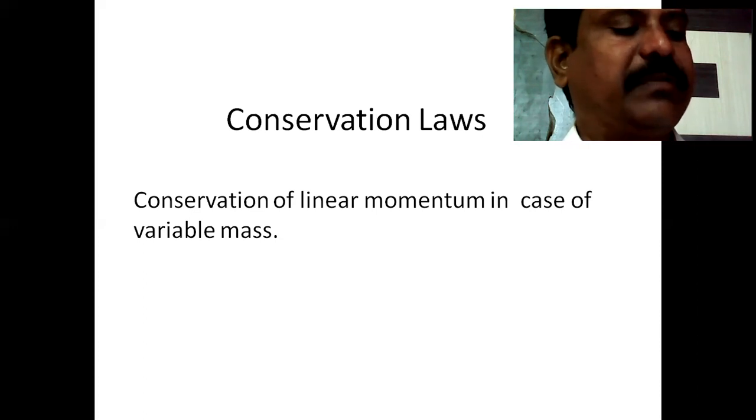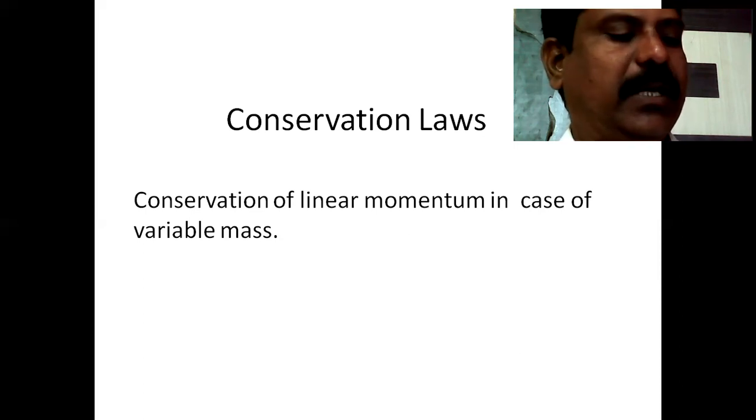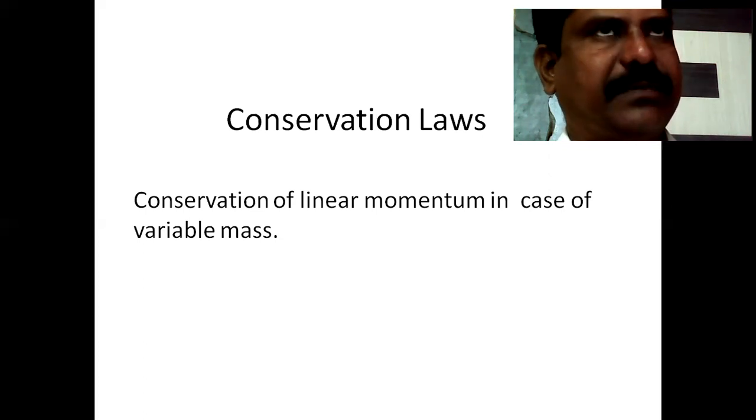A rocket in its simplest form is a chamber enclosing a gas under pressure, with a small opening at one end of the chamber allowing the gas to escape.